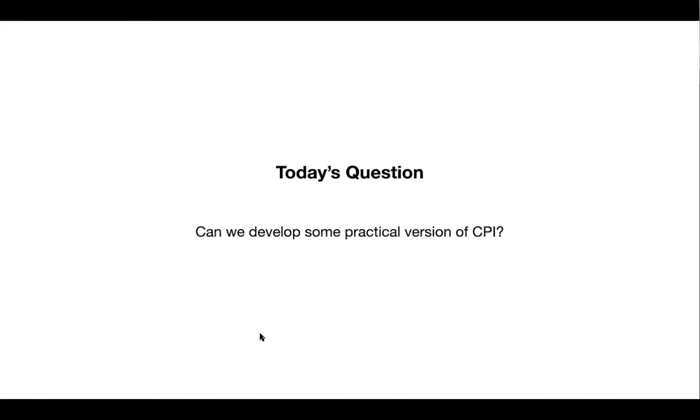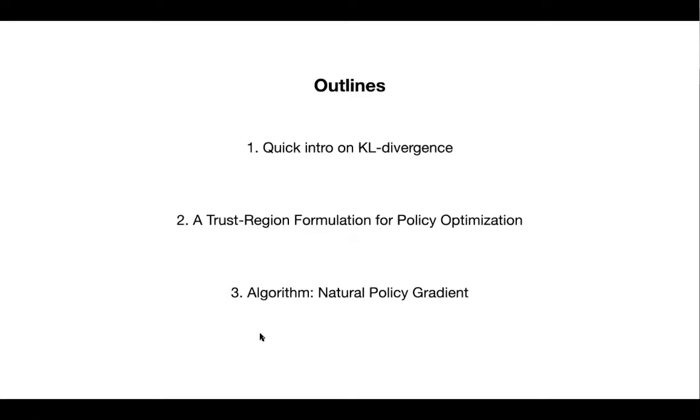All right, a quick outline for today. We're going to do a quick intro to KL divergence. Some of you have probably heard of it. This is the divergence that measures the difference between two distributions. Then we're going to do a trust region formulation for policy optimization.